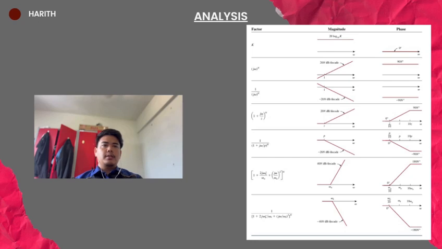The phase contribution transitions through negative 180 degrees, reflecting the system's oscillatory potential. This factor is indispensable for analyzing mechanical systems, electrical circuits, or any system with inherent oscillatory behavior.